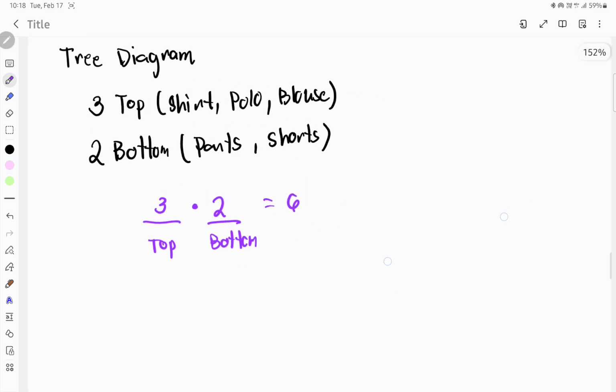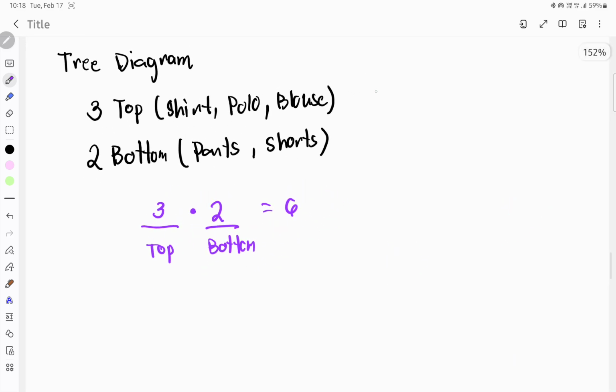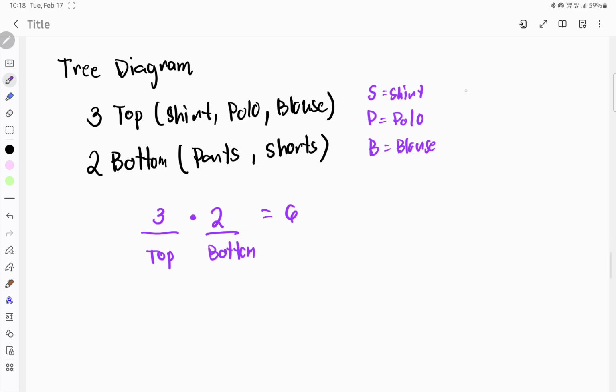However, we can also code this: S would be shirt, P would be polo, B would be blouse, and then PA for pants, and SH for shorts.